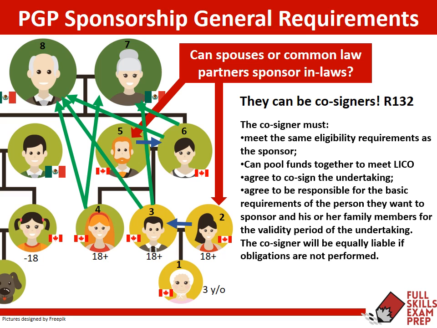It doesn't matter if they get divorced or anything like that. They're still both responsible. All right, so we'll take a look at that again throughout the lesson. But just as a first couple steps here, now you can see the relationship that spouses or common law partners have in helping sponsor a person's parents or grandparents.